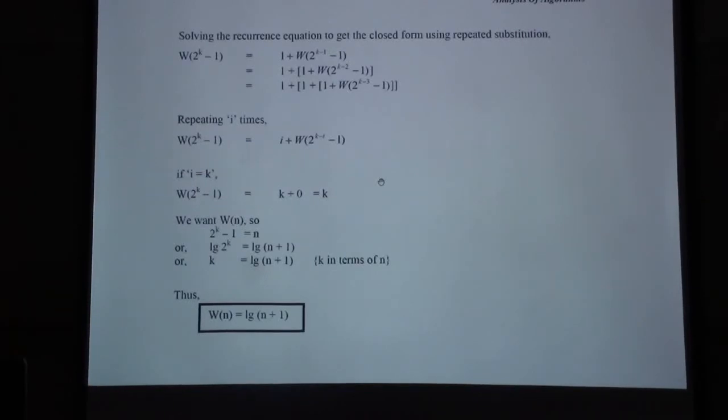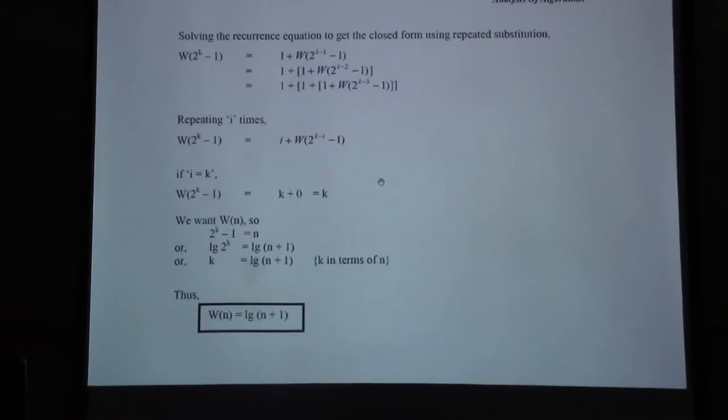So now what we're going to do is replace this one. When k is replaced by k minus 1, it's going to be 2 to the k minus 1 minus 1, then k minus 2 minus 1. And then we substitute this one for w of 2 to the k minus 2 minus 1, and that's going to be 1 plus w of 2.